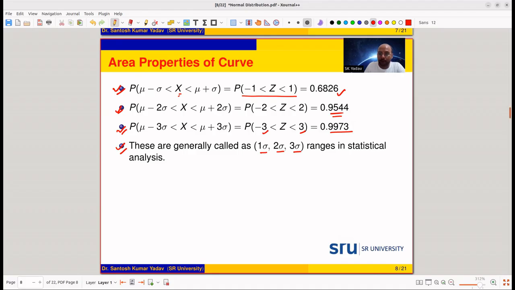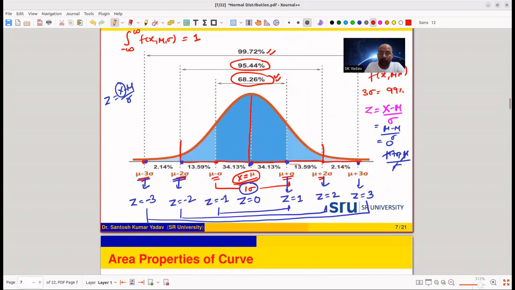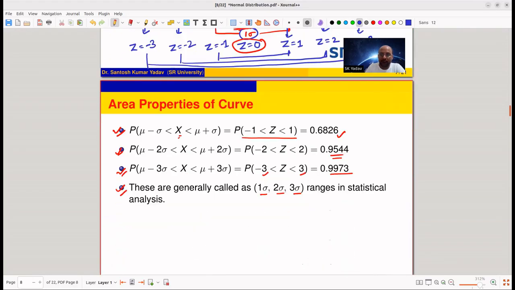And the most important property of this normal curve is that it is symmetric about x equal to mu, or you can say at z equal to 0. So the left side area under this curve is 0.5, and the right side area under this curve is 0.5. This is also useful many times while computing probabilities in the problems.